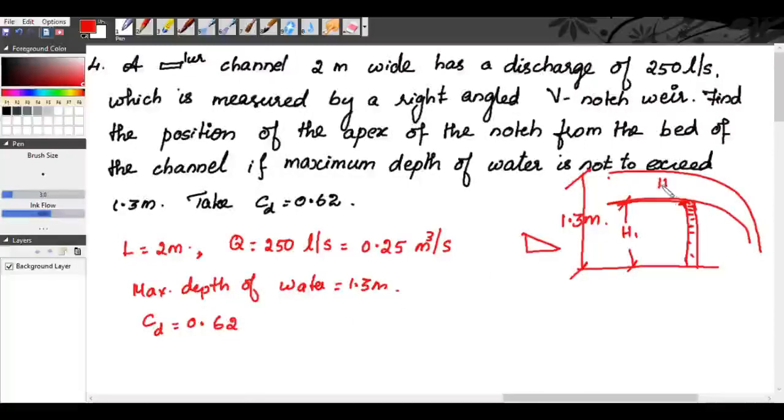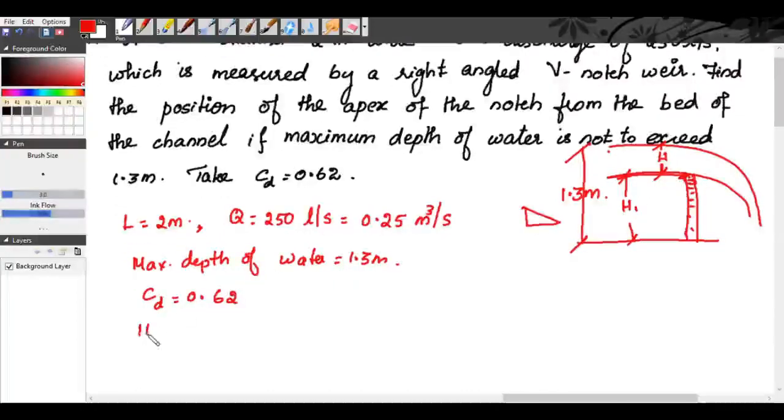And we know this is H, head of water over the weir. So we can find H first. Then after finding H, you can use 1.3 minus H. We will get the apex of the notch from the bed of the channel, that is H1.